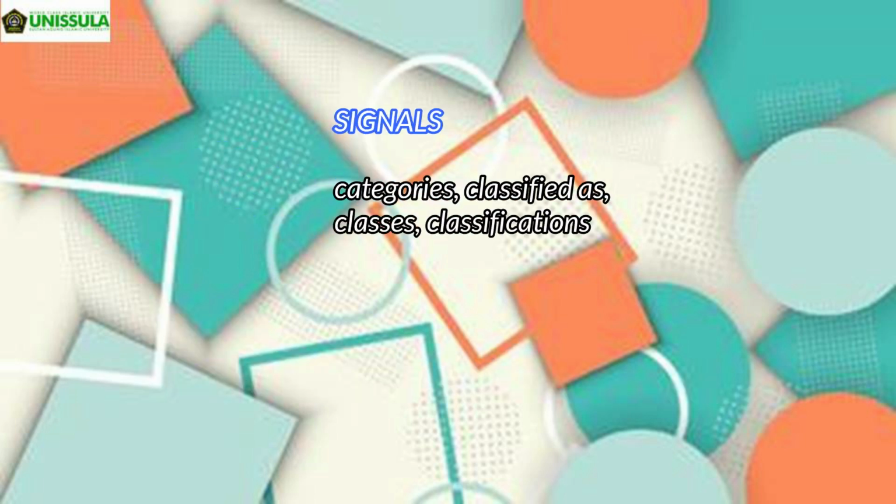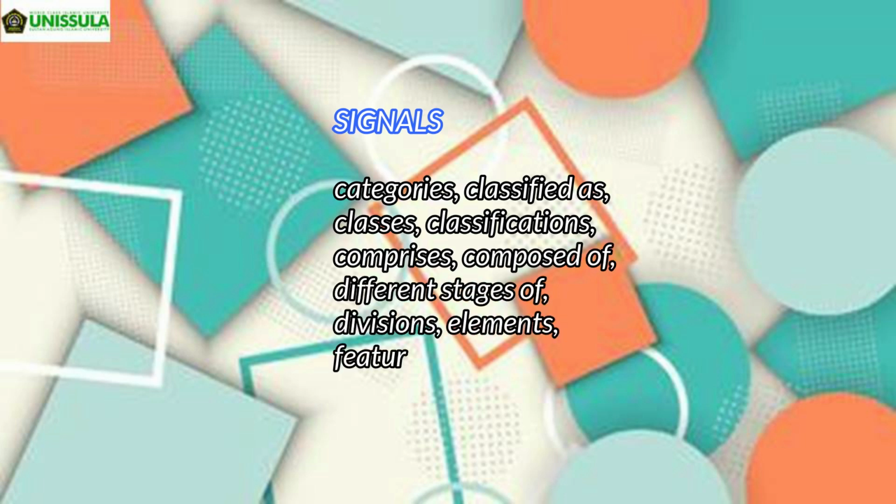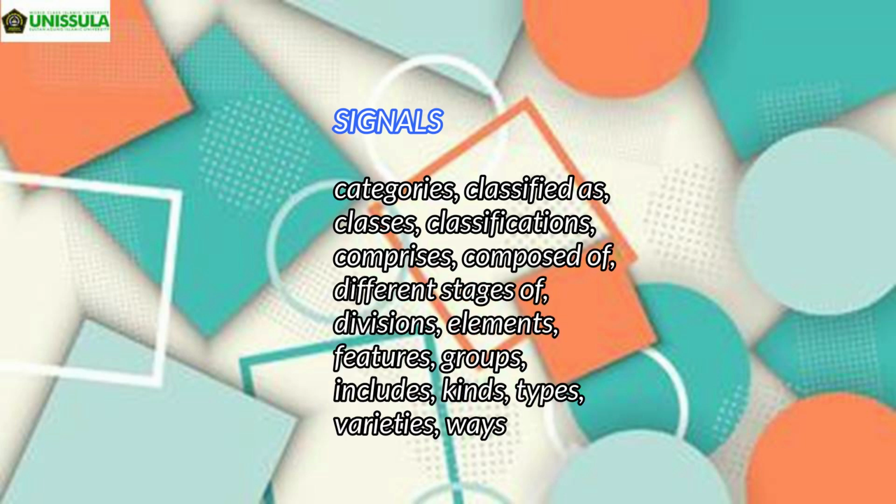And then the signals now. The signal words used in this classification pattern are such as categories, classified as, classes, classification, comprises, composed of, different stages of division, elements, features, groups, includes, kind, types, varieties, and ways.